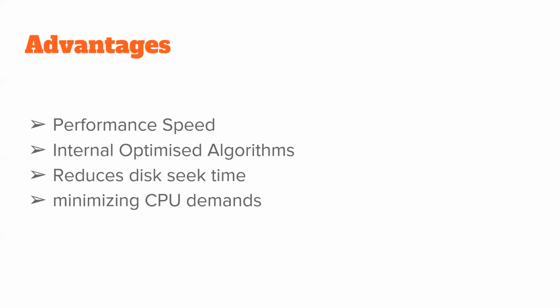Therefore, in-memory processing reduces disk seek time for accessing data and streamlines the work involved in processing a query. An in-memory database system streamlines processing by eliminating multiple data transfers, reduces memory consumption by removing multiple copies of data, and simplifies processing by minimizing CPU demands.